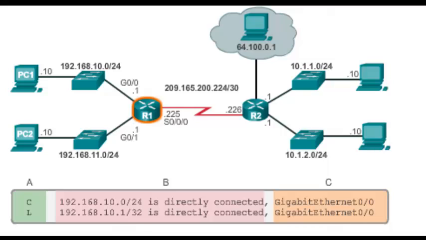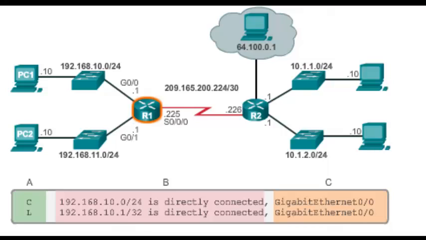2 routing table entries are automatically created when an active router interface is configured with an IP address and subnet mask. The entries contain the following information. First, the route source, which identifies how the route was learned. For directly connected interfaces, there are 2 route source codes.